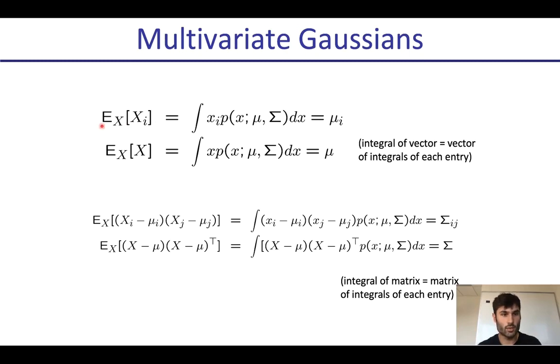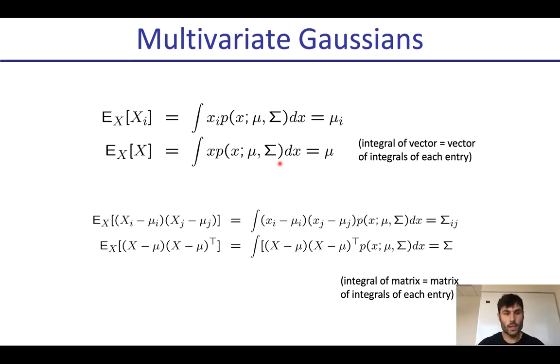So if you take the expectation of xi, you end up obtaining mu i. And here we have the vector notation, where the integral of this vector x with respect to the PDF essentially means taking the scalar integral, the integral that probably all of you are used to, for each of the dimensions. And this extends the same to the matrix case.